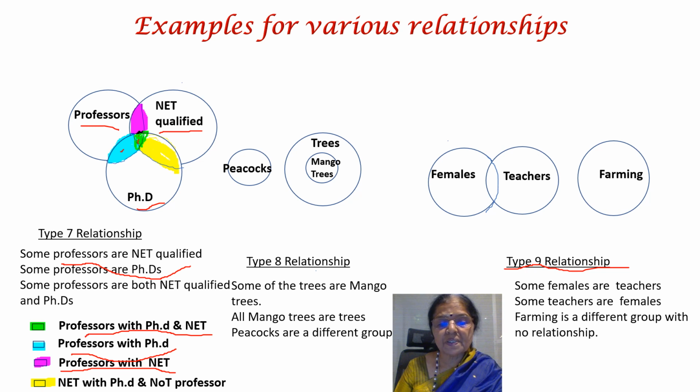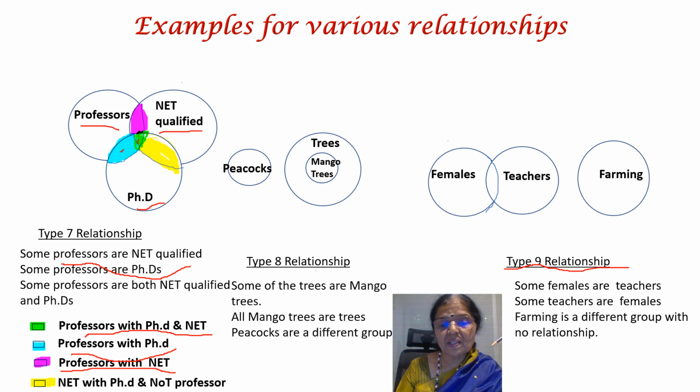It represents those professors who are both PhD qualified and NET qualified. And of course, there are some professors, this region, which is not overlapping with NET nor with PhD. They are professors who are neither NET qualified nor PhDs.